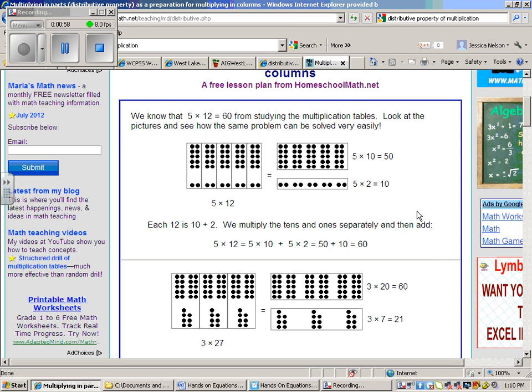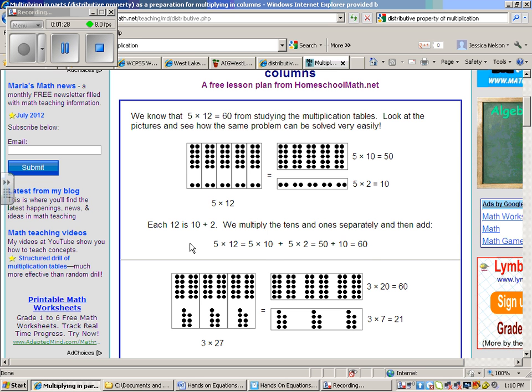When we're talking about multiplication, for instance, 5 times 12 equals 60, and we know this to be true, we can express it as 5 times 12, or we could break apart the 12 into a 10 and 2 ones, and say that 5 times 10 is 50, and 5 times 2 is 10, and when we add 50 and 10 together, we get 60.